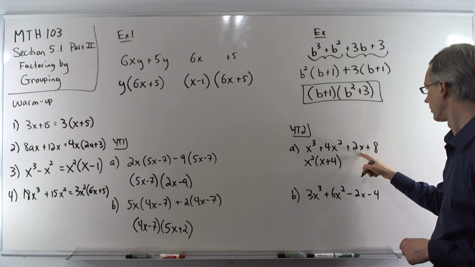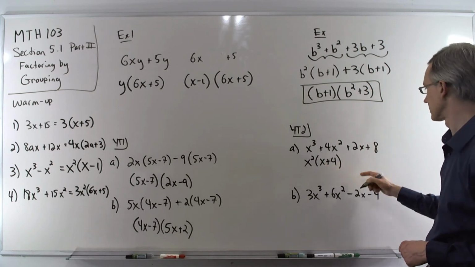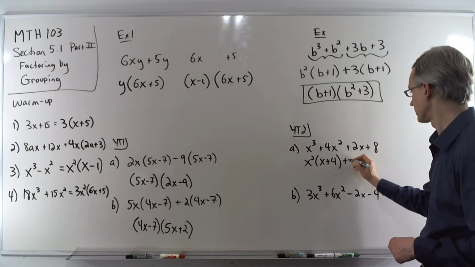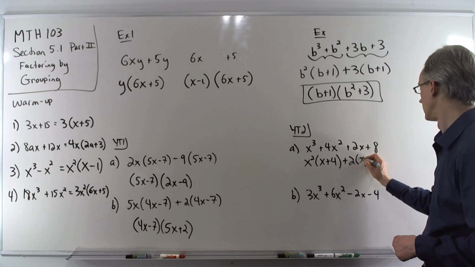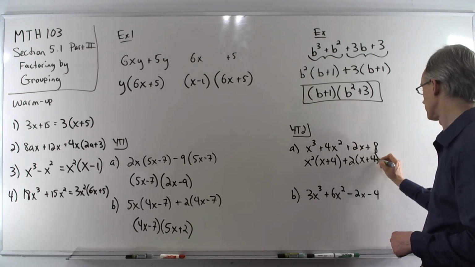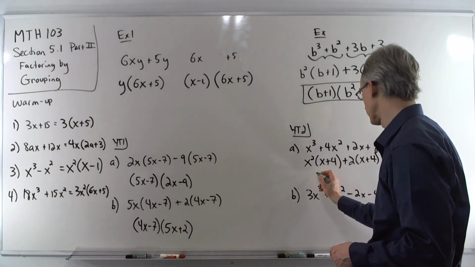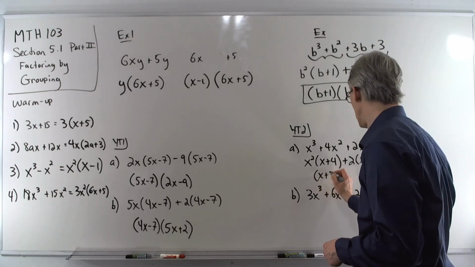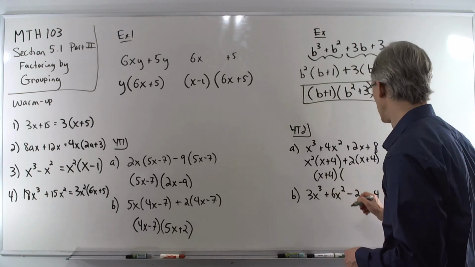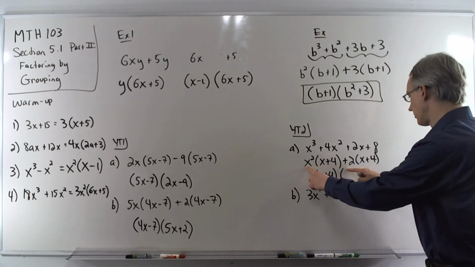And over here, we want to factor so that we get a matching x plus 4. So let's try factoring out the 2. And we get 2 times x plus 4. So we've got our matching binomials. So next step, we're going to factor those out. So we get x plus 4. And what remains is x squared plus 2.